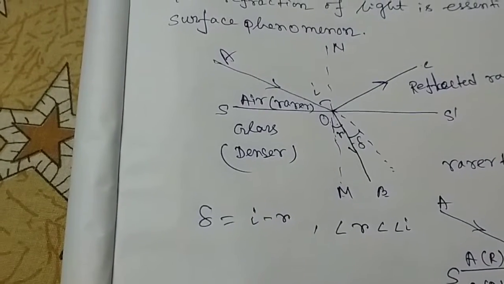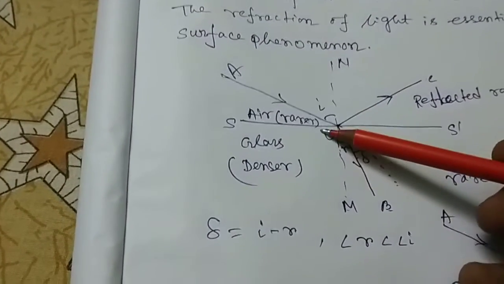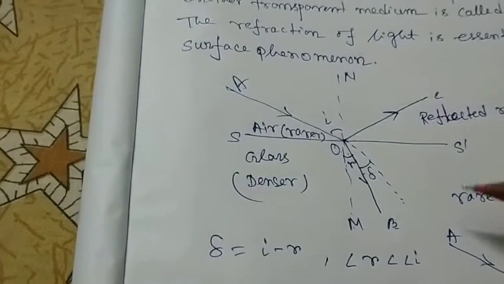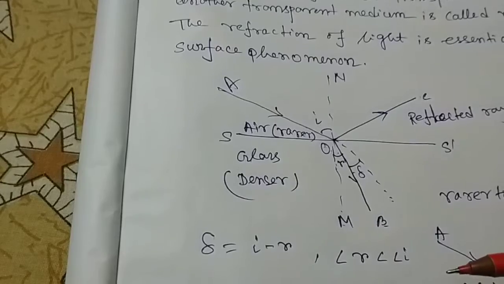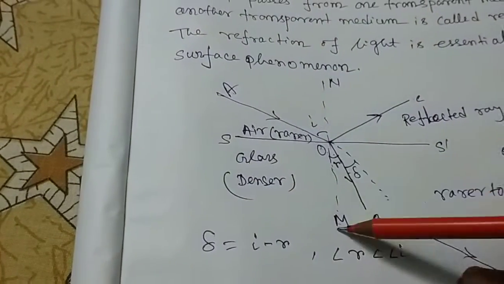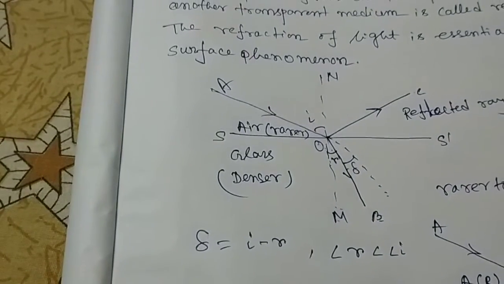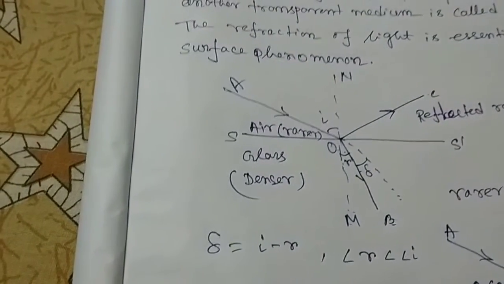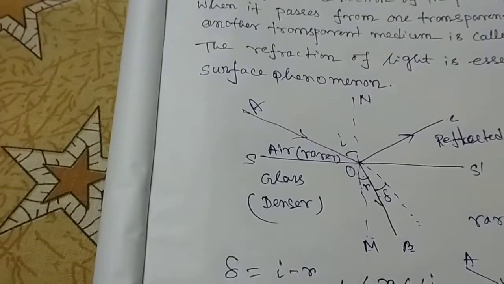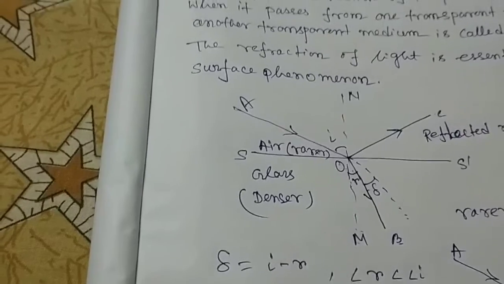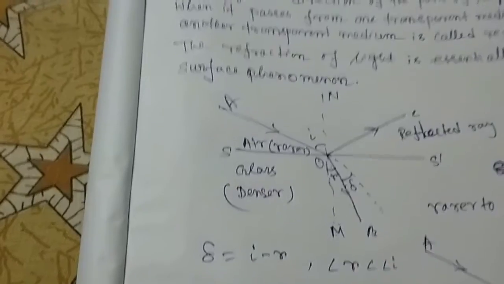The angle of incidence I is angle AON, and the angle of refraction R is angle BOM. Note that angle R is not equal to angle I. OB is not in the direction of OA.